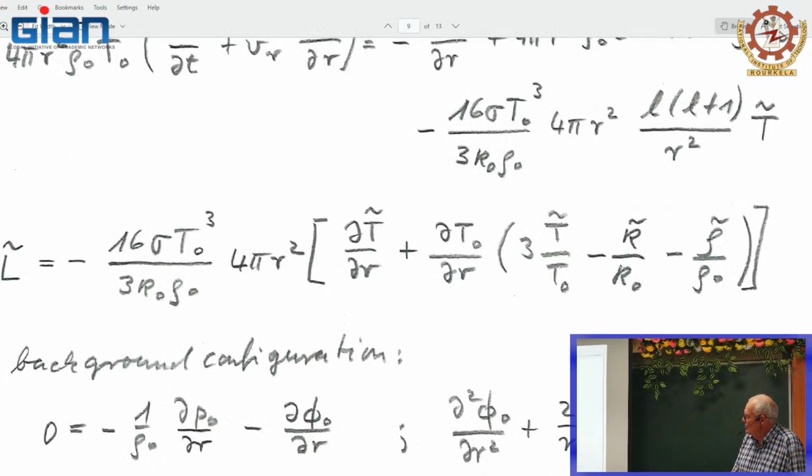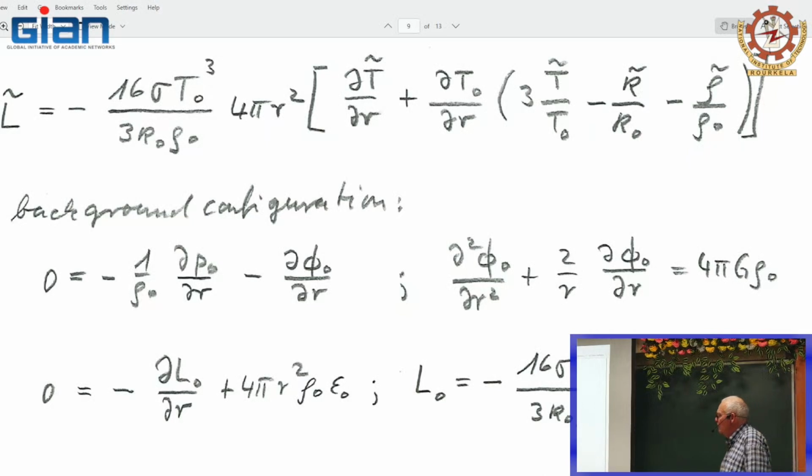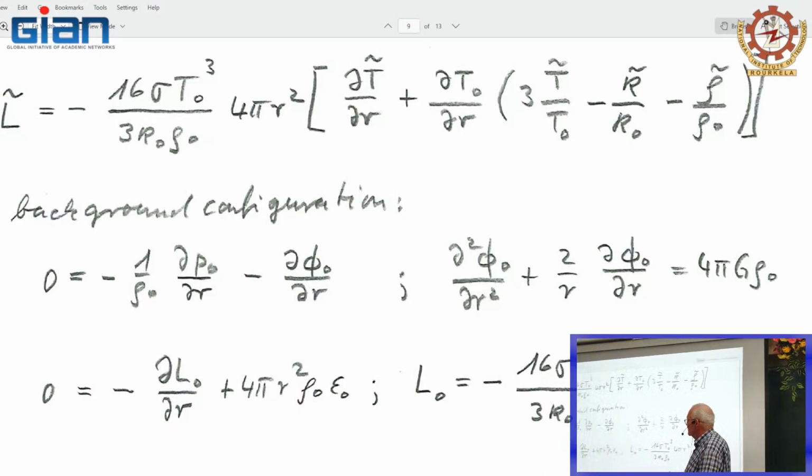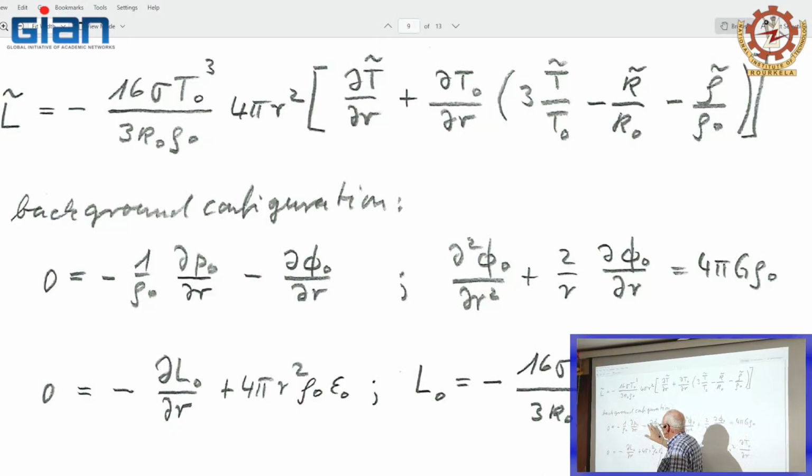Well, in addition to these equations, we have, of course, the equations which the stationary or the hydrostatic variables satisfy. This means gravitational hydrostatic equilibrium.